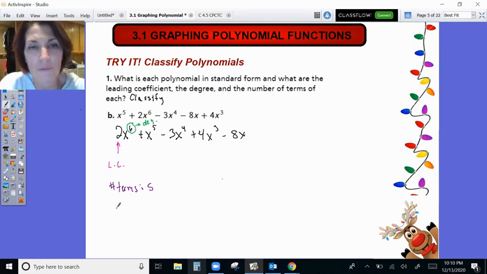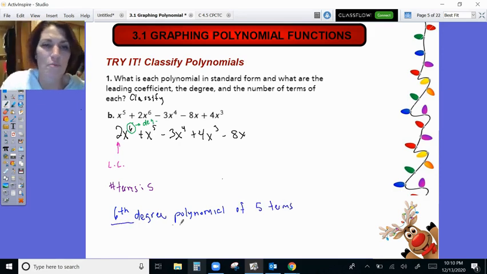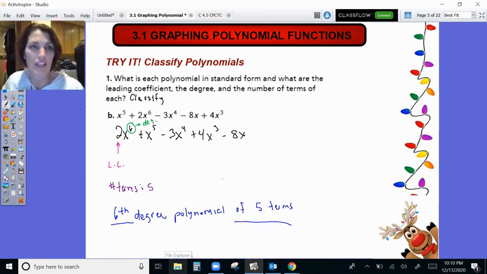We don't have a special name for 6th degree, so we're just going to say a 6th degree. And then we have a polynomial of 5 terms. And that is it. Okay, so that's classifying by degree and number of terms. You're going to see that quite often.